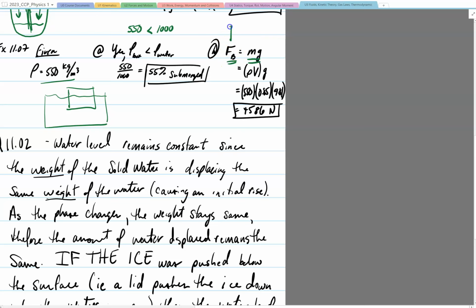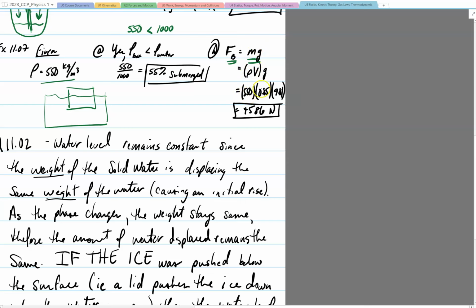So this buoyant force is the upward force due to density of water pushing back on the density of the object, if you will. So in this case, the buoyant force on the block is equal to mass times gravity. Now mass is equal to the density times volume, and we've got a density of 550 kilograms per meter cubed.